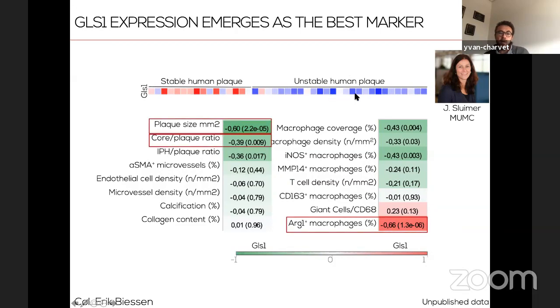When you look at the correlation with various markers that they have in their study, you can clearly see that GLS1 is inversely correlated to the plaque size, positively associated with an M2 marker. But what was very interesting for us is that it's inversely correlated to the core plaque ratio, suggesting that there is more necrotic core in human plaque.